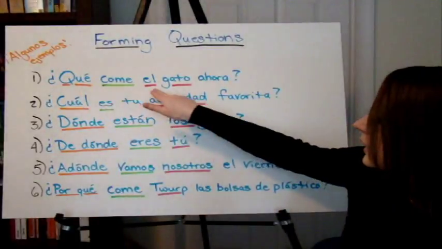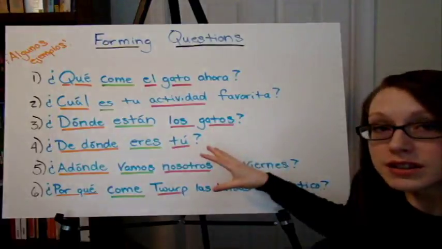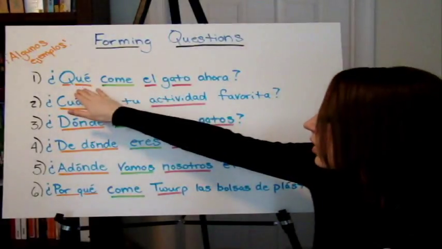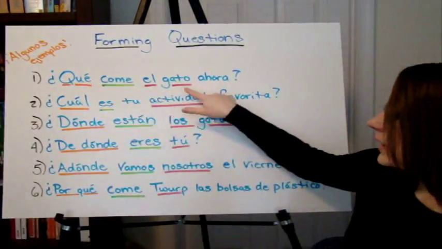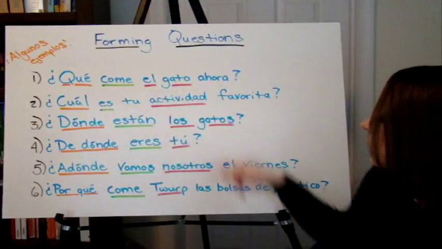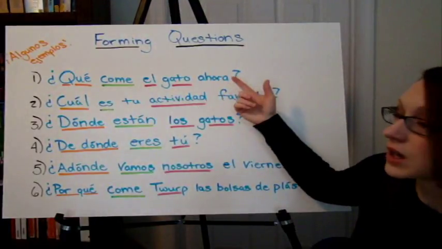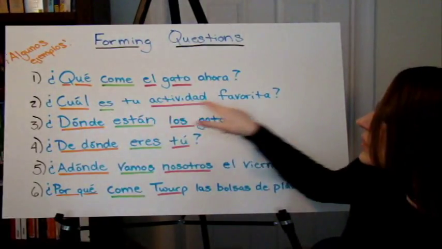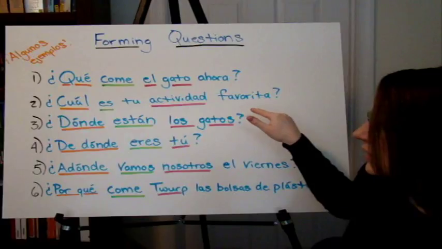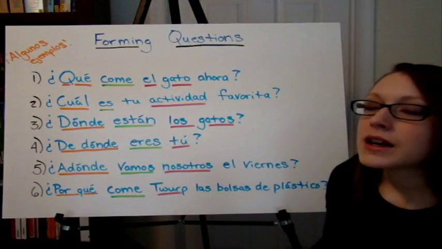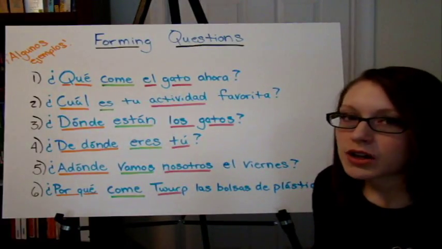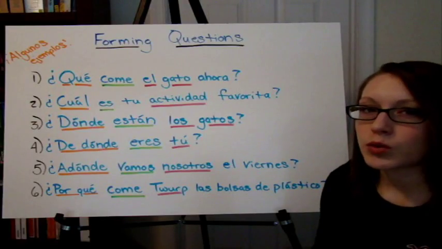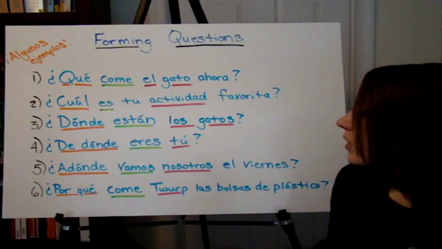And I've underlined and color-coded the different parts of the sentence for you. We have the interrogative here, the verb, and then the subject. Okay, flipped around. And then the rest of the sentence, which is ahora, now. ¿Cuál es tu actividad? Now, we spoke about this a little earlier, that cuál as well as cuánto sometimes doesn't follow the specific word order exactly for interrogatives.